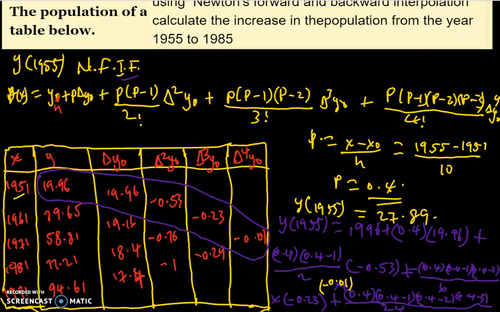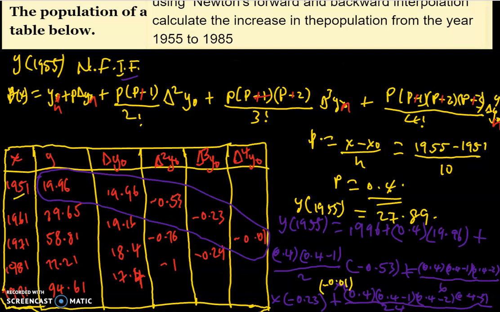So this is yn plus p into, we will have p plus 1, then p plus 1 into p plus 2 over 2 factorial, then p plus 1, p plus 2, p plus 3 over 3 factorial. We change this to n because this is backward difference. So this is the formula for backward. The difference from Newton forward is that in Newton forward we use negative, but in Newton backward we use positive. So pay attention to that.